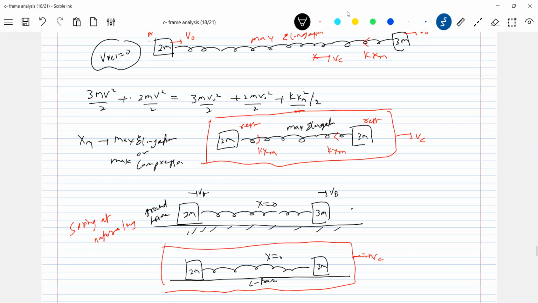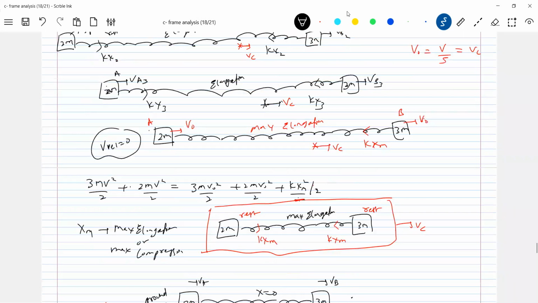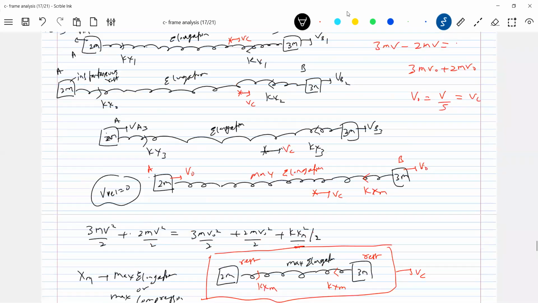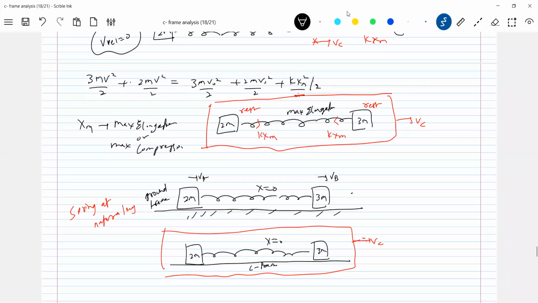So spring at natural length, next in the sequence. Here I'm bringing, so can we apply conservation according to the center of mass? What should be the velocity here? Take help of this. VAC, how was it? 6V by 5 towards left. Again, when the spring attains natural length, VAC should be towards right.